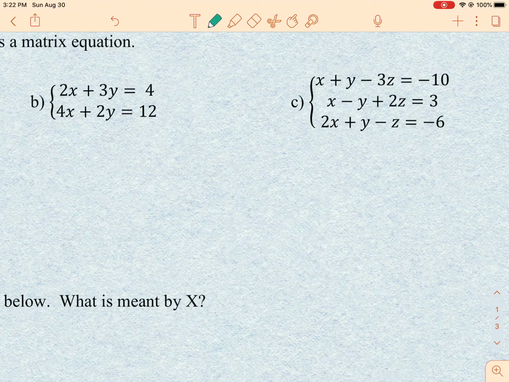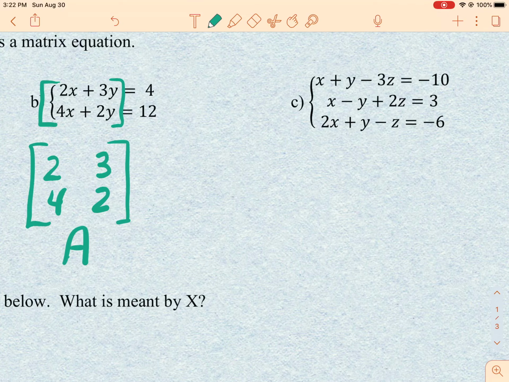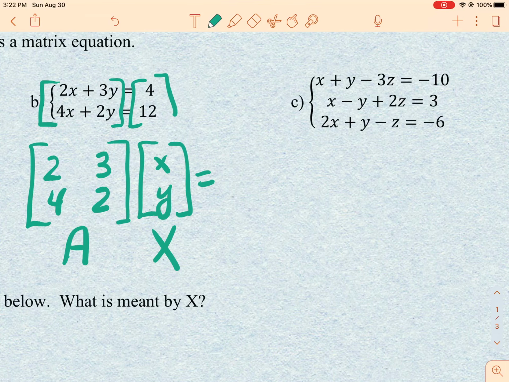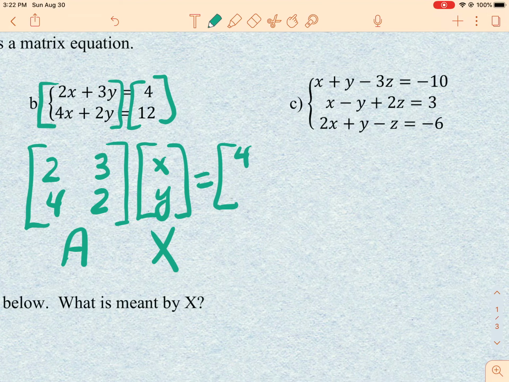So with B, if I look at them like this, I have 2, 3, 4, 2. It's my matrix A. The variables, X and Y, and then B would be just 4, 12.